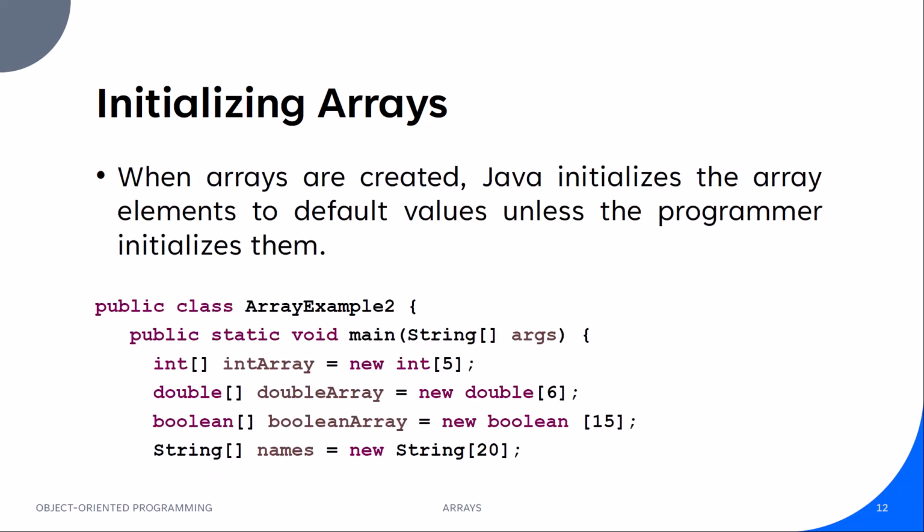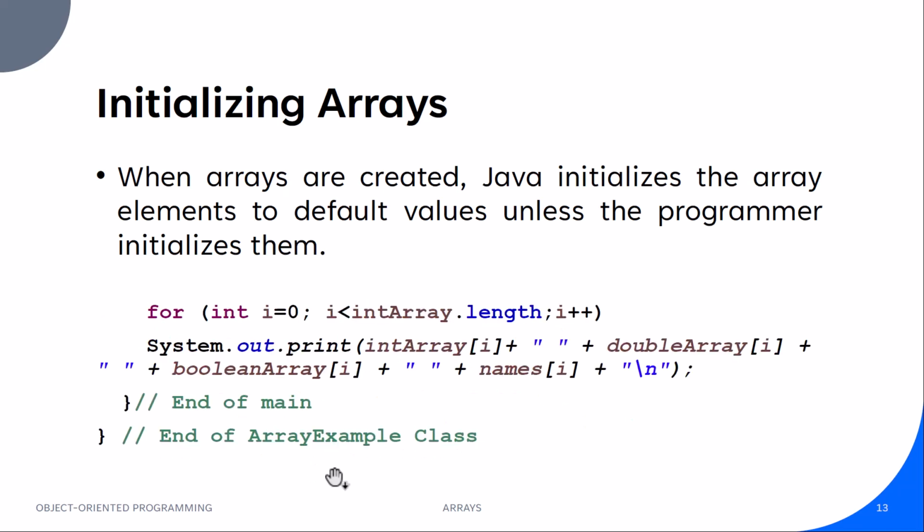Now let's look at another example. We have a class called arrayExample2, and within the class we have the main method. Now within the main, we are actually creating different types of arrays. We are creating an integer array, a double array, a Boolean array, and a string array. Now we are not initializing these arrays to any values, so let's see what the Java compiler initializes these arrays to.